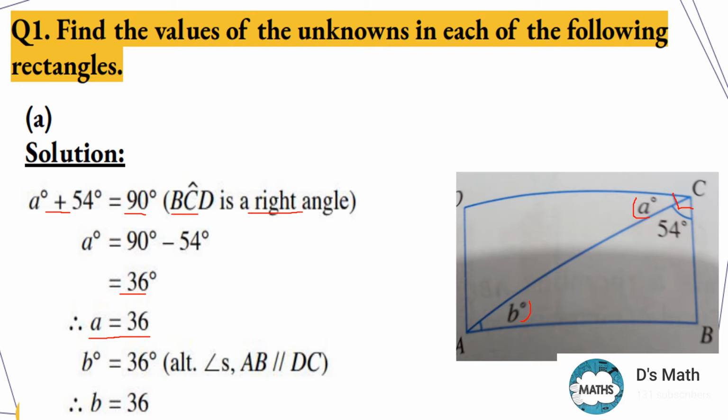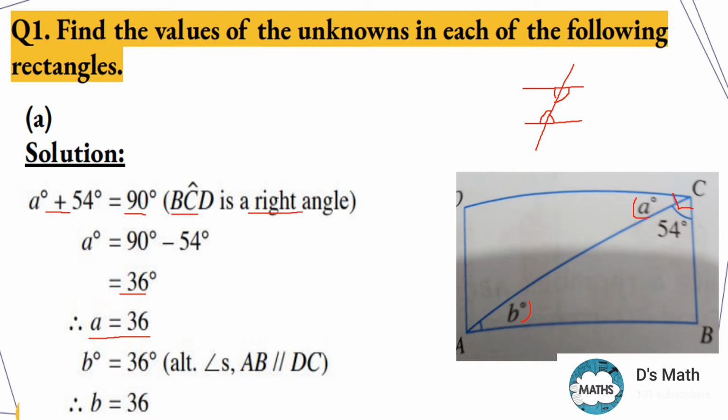Next point is the concept of alternate angles. What are alternate angles? Whenever we have two parallel lines and a line crosses both the lines, then these two angles are known as alternate angles. Like this angle is alternate to this angle, and alternate angles are always equal.